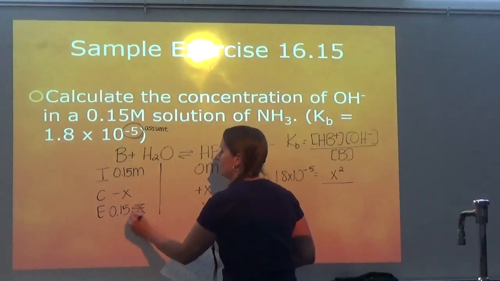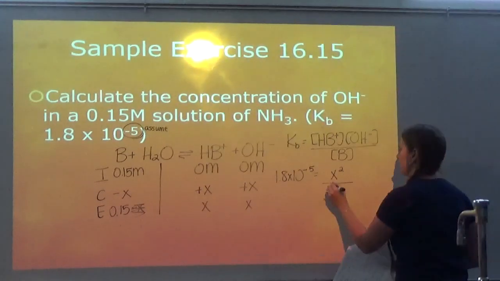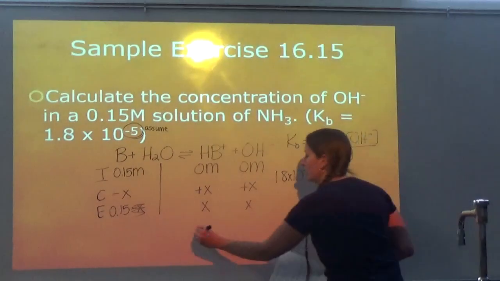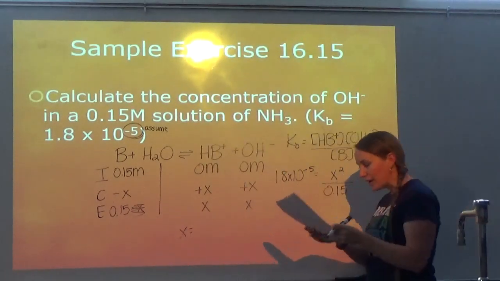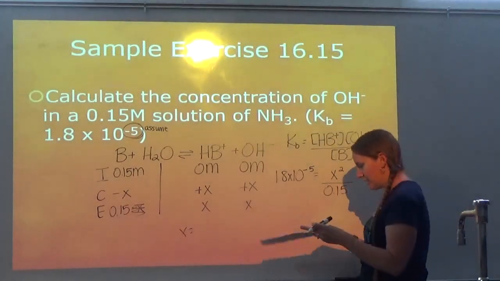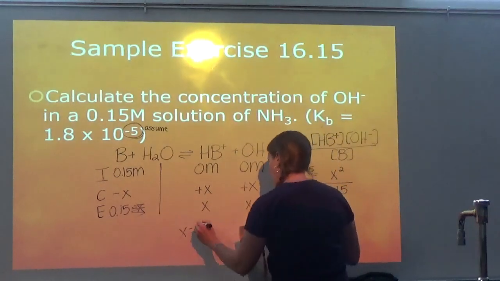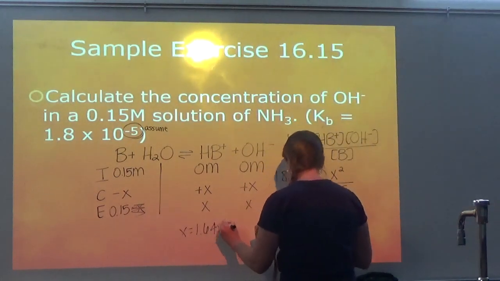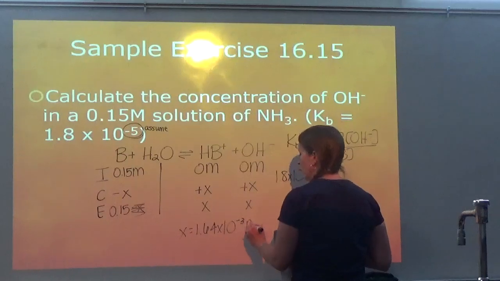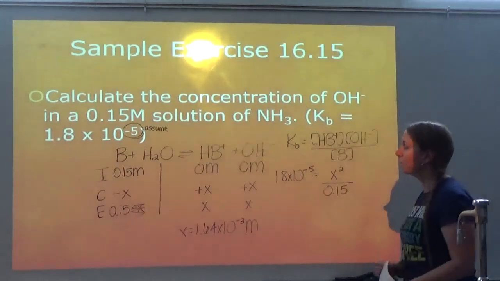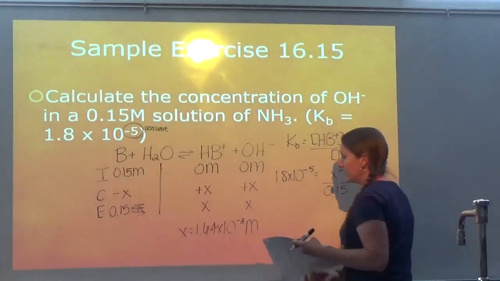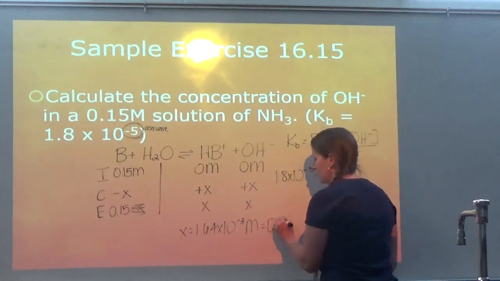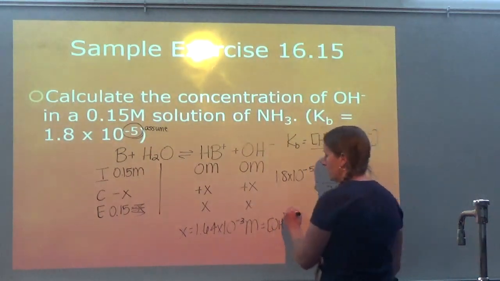I can just assume this is about 0.15. And so then I just solve for X. When I solved for X, I ended up getting 1.64 times 10 to the negative 3. Remember, my unit is molarity. X is OH minus, which is what it asked me for. And so that's my answer.